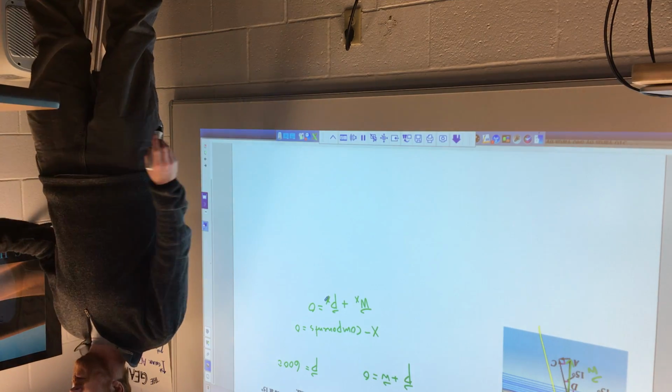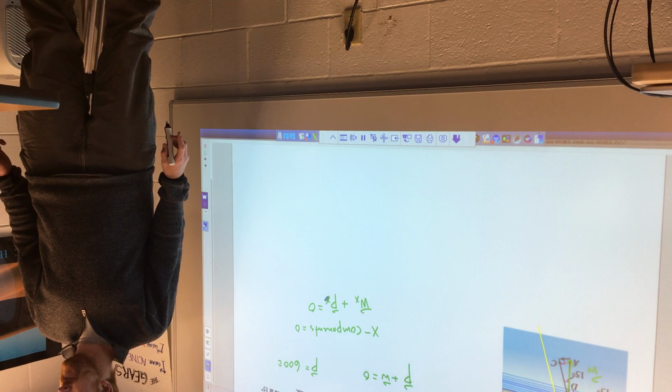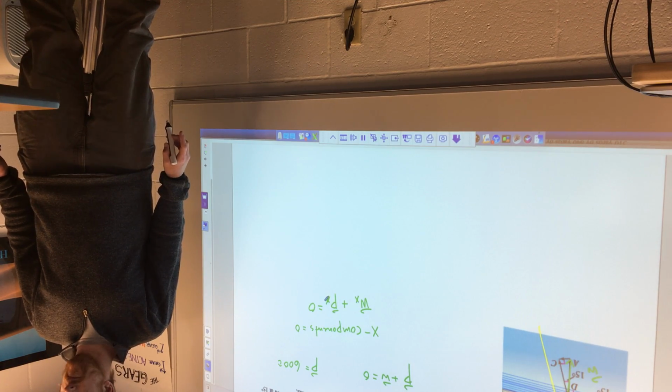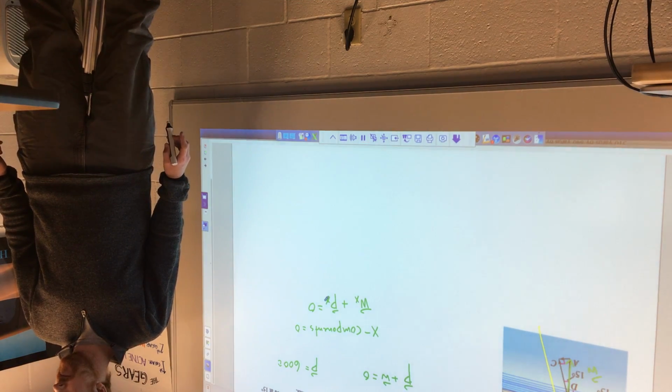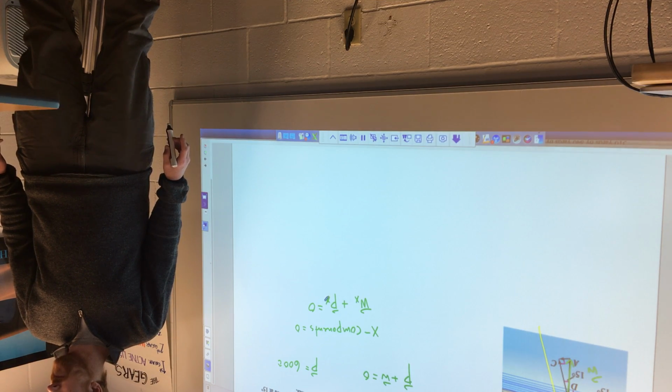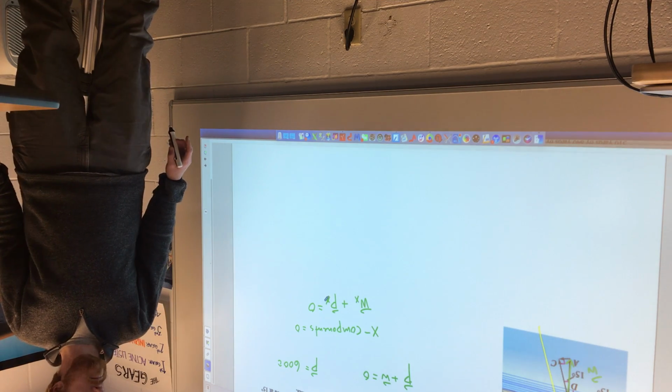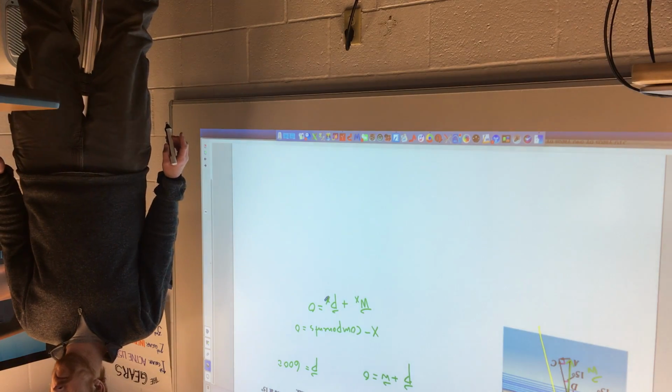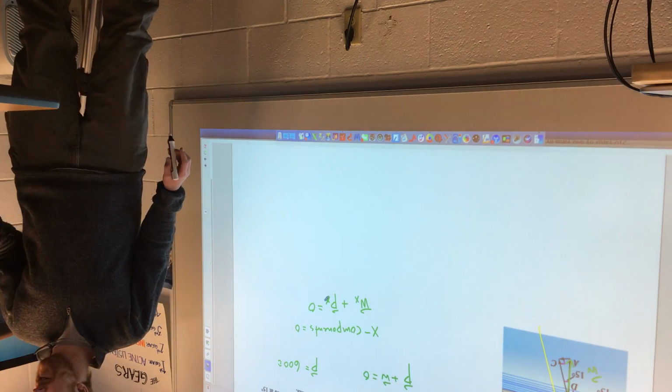So what's the x component of the weight? This is 600. Negative 600.